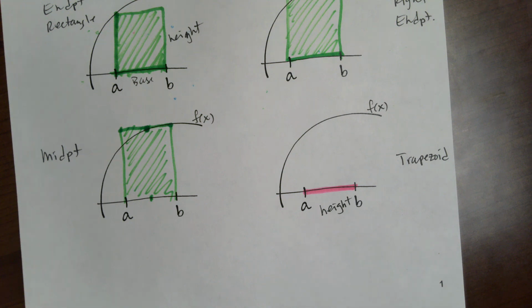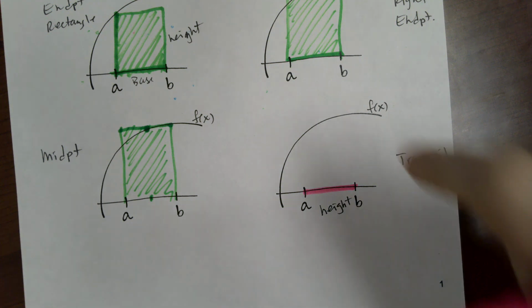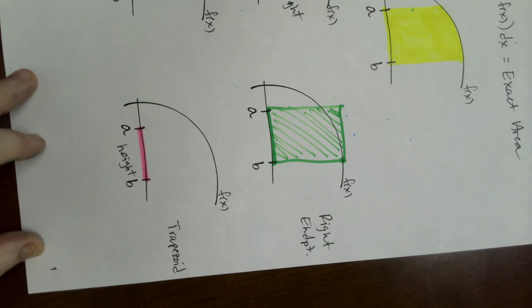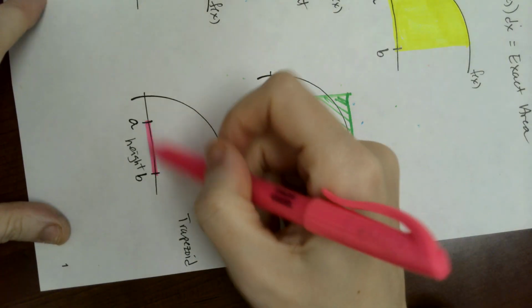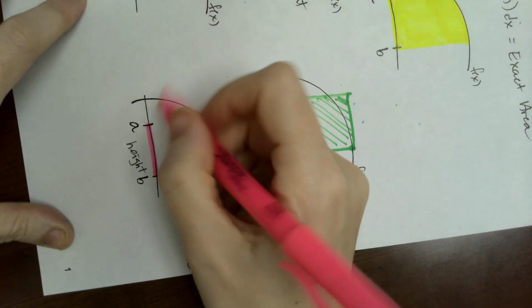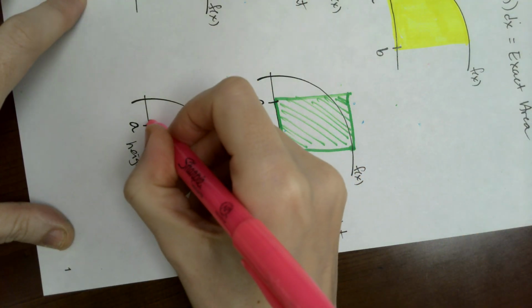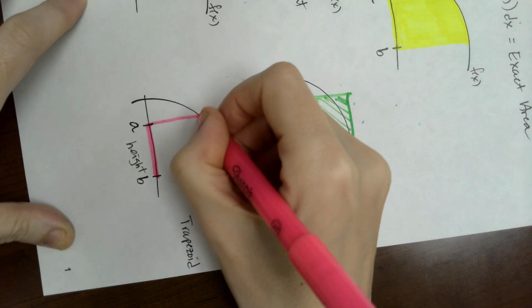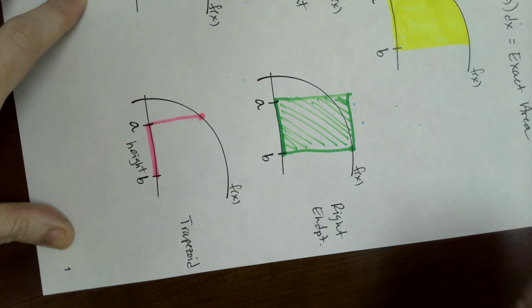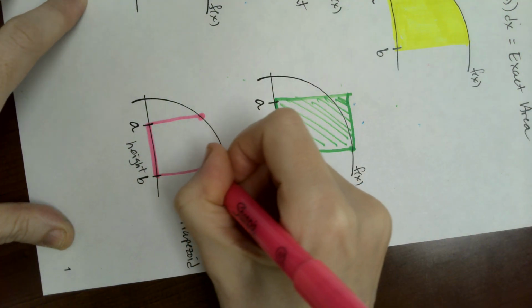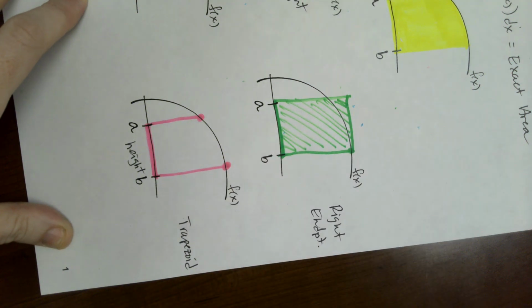And a trapezoid, guys, has 2 bases. So let me turn it to the side because we usually see trapezoids like this. So this is the height of the trapezoid. And then for the bases, you go up from the left endpoint up to the graph. And then you also go from the right endpoint up to the graph, and those are the bases.